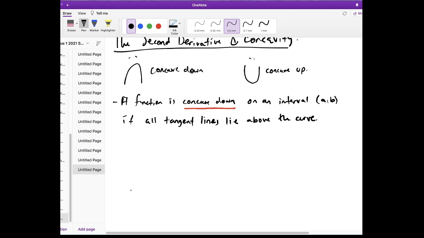Okay, so let's take our favorite concave down function and try to draw any tangent line. No matter what tangent line you draw, it will always lie above the curve. So it's always going to be above. Everyone see that? Every tangent line you draw is always going to be above the curve.